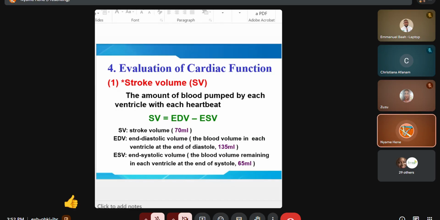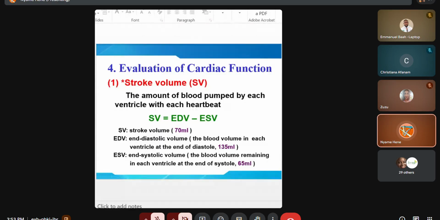Okay? So we say the stroke volume is the amount of blood pumped by each ventricle with each heartbeat.